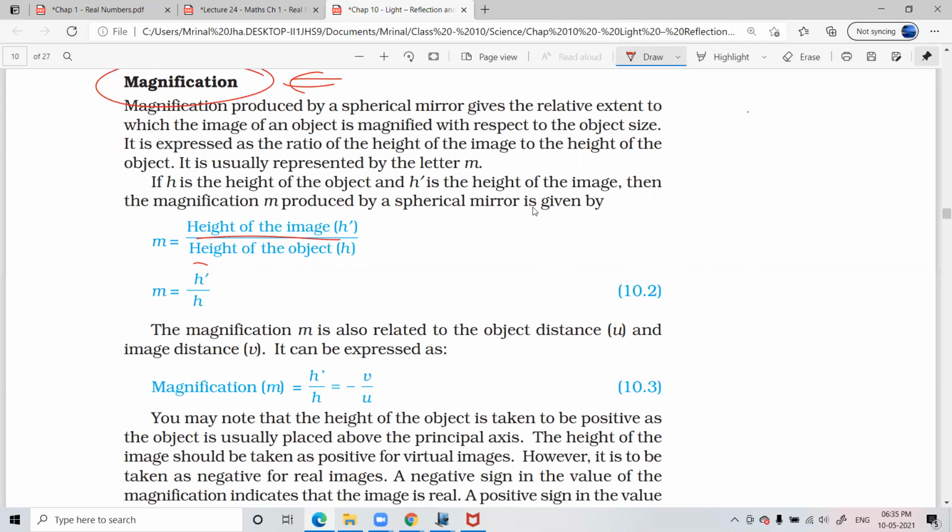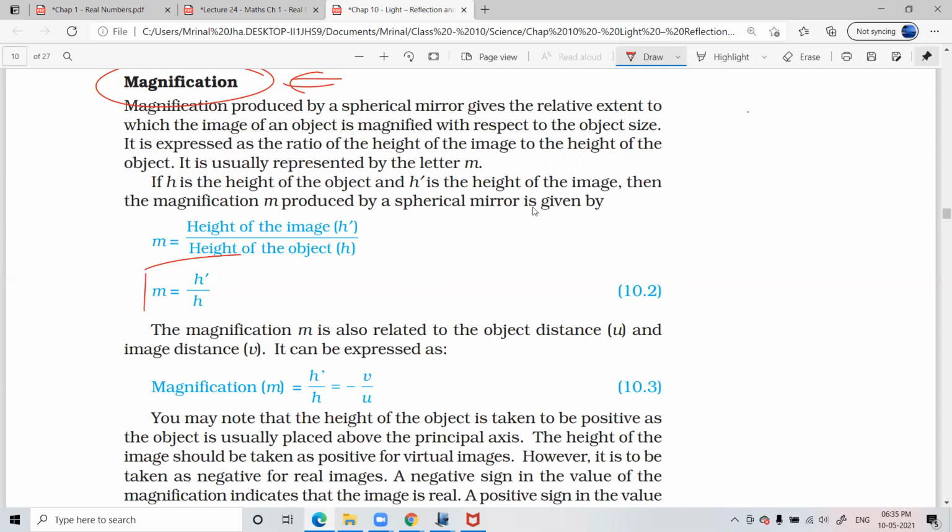Some people like to call it that; whatever you want, you call it. I'll call it h dash. So h dash is the height of the image, how big it is, how many centimeters or meters, usually in centimeters. And the h in the denominator is the height of the object.